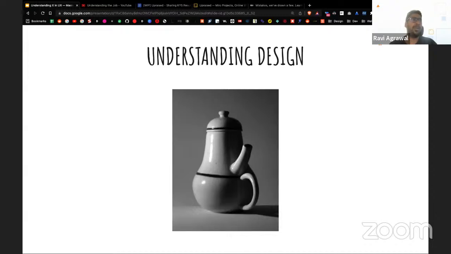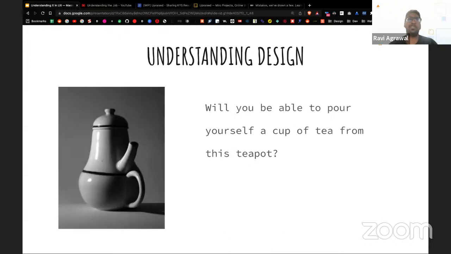Try to understand how you might leverage it, and then we will ask ourselves a question, whether you will be able to pour yourself a cup of tea from this teapot, yes or no, right? If you can imagine yourself trying to pour a cup of tea, it would be very difficult. And as some of you are already writing, you won't be able to pour yourself a cup of tea from this teapot, right?